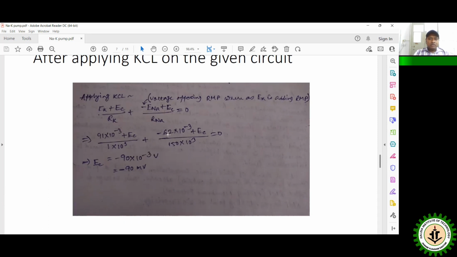Minus ENA 62 millivolt plus EC divided by 150 kilo ohms is equal to 0. After calculation, we got EC equal to minus 90 into 10 to the power minus 3 volt, that means minus 90 millivolt.